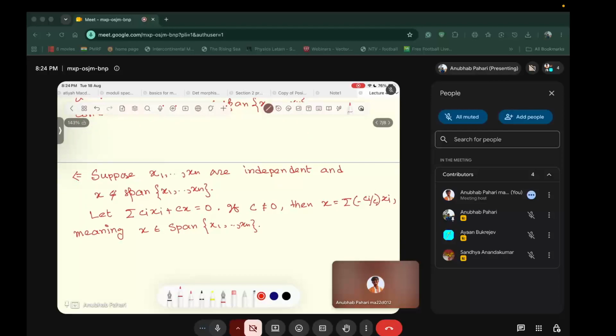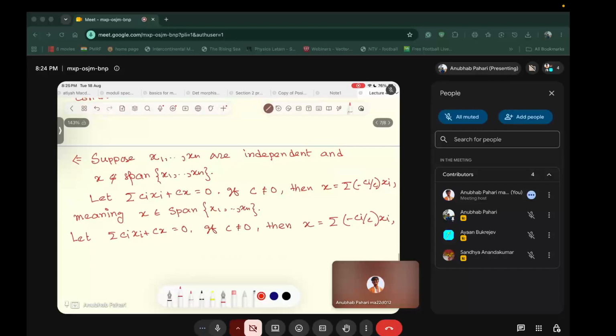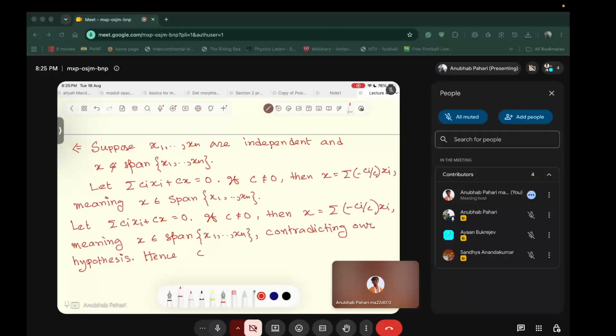Now let summation ci xi plus cx equals to 0. If c not equals to 0, then x equals to summation minus ci by c of xi, meaning x belongs to span of x1 up to xn, contradicting our hypothesis, right? Hence c equals to 0.